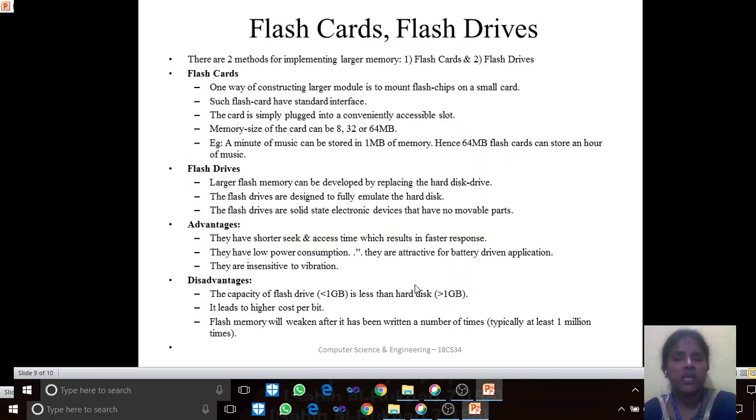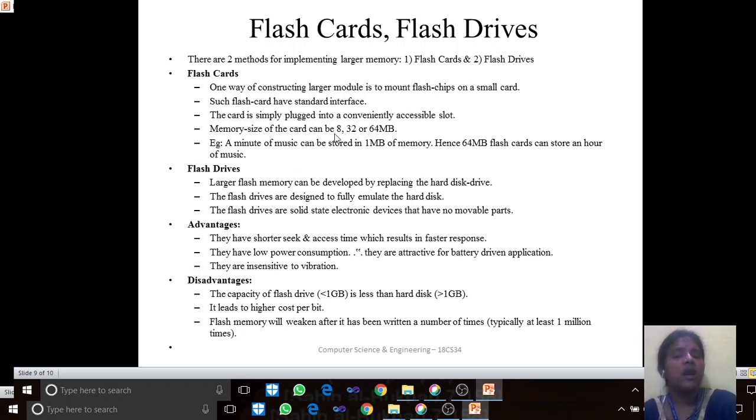What are flash cards and flash drives? There are two methods for implementing larger memory: flash cards and flash drives. Flash cards. One way of constructing a larger module is to mount flash chips on a small card. Such flash cards have a standard interface. The card is simply plugged into a conveniently accessible slot.